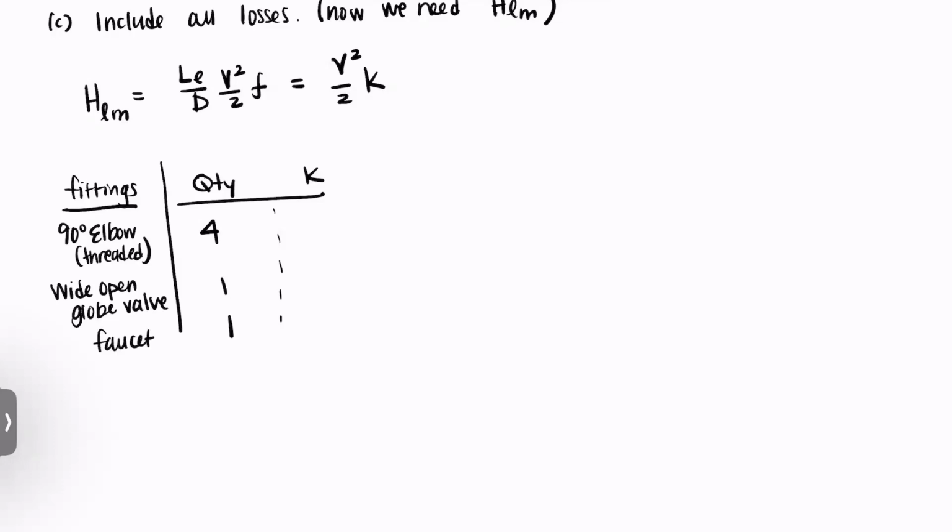There's just one of each of these last 2. This K value was given to us in the schematic. These other 2 we're going to look up in our table, which I'll show you in just one moment.